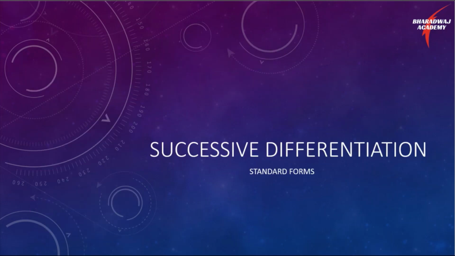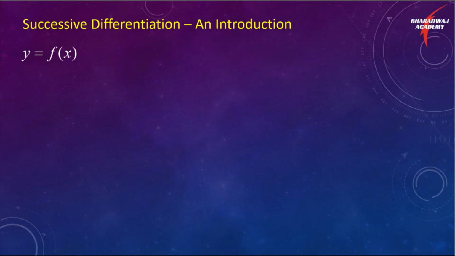This is the first video lecture on successive differentiation, where we'll be talking about its introduction with the standard forms. So we have a function y is equal to f of x here.